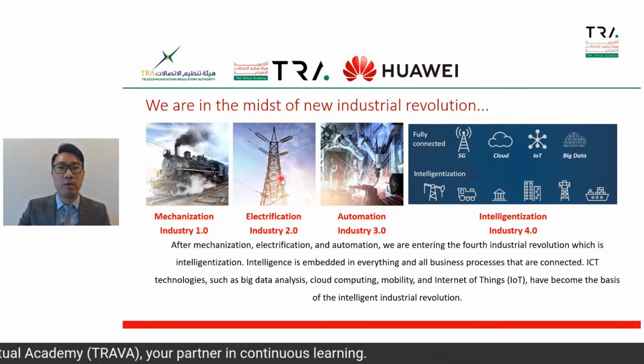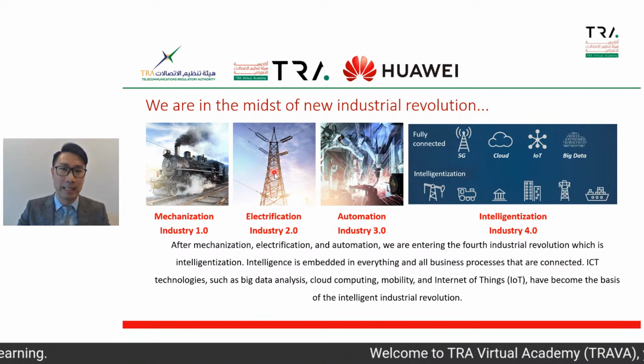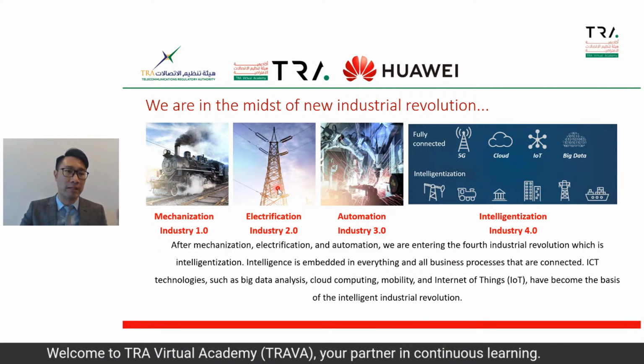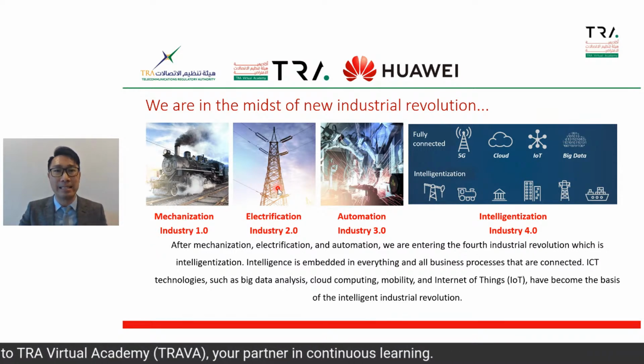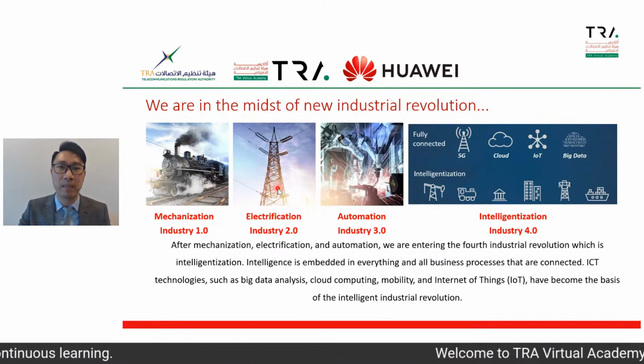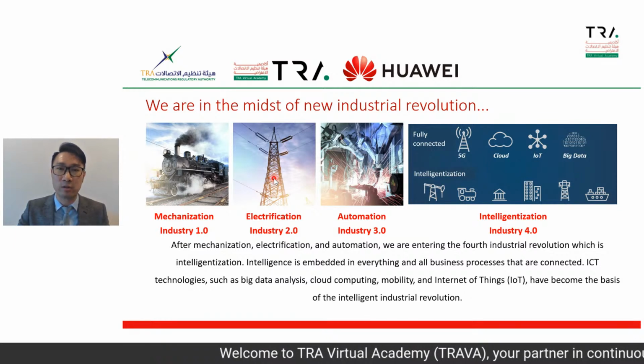After that, we have Industry 2.0, where we have electricity in this revolution. We have the technology of AC and DC, and if you see the movie on Tesla, Tesla is the one that invented AC electricity.